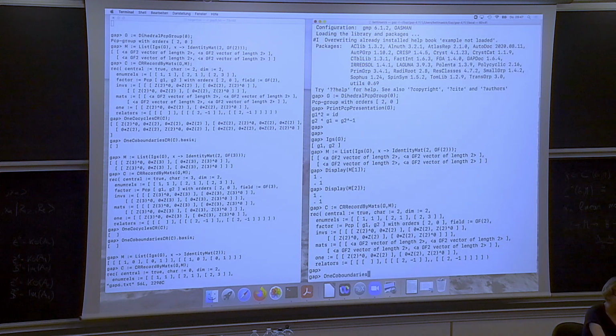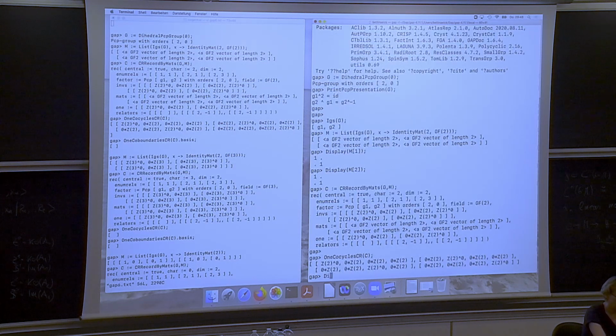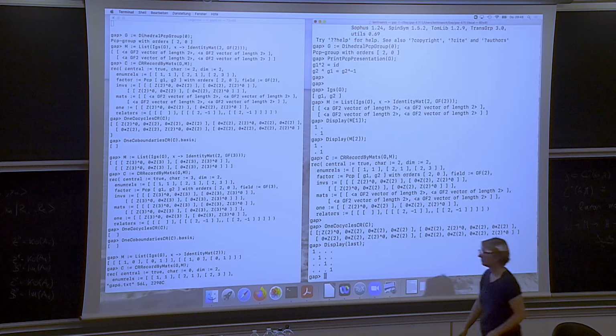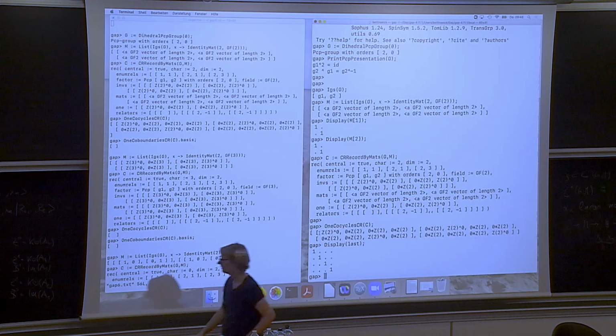So now, one coboundaries and one cocycles. Let's start with cocycles. One cocycles of this record can be computed, and it's a finite field matrix. If you display it, you now get a 4x4 matrix that represents your one cocycles. Now you know a little bit more about what this is supposed to be.